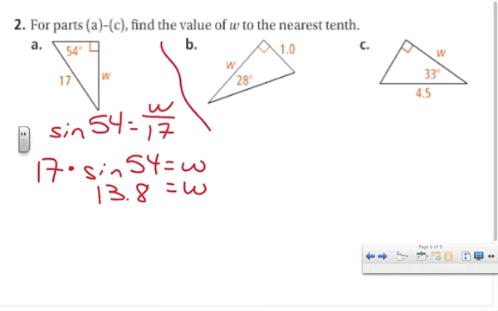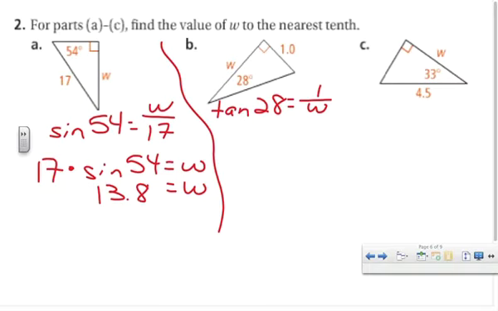Part B. What trig ratio would I use for part B? I would use the tangent, because the 1 is opposite, the W is adjacent. So our equation would be tangent of 28 equals 1 over W. Am I doing any switching around here?